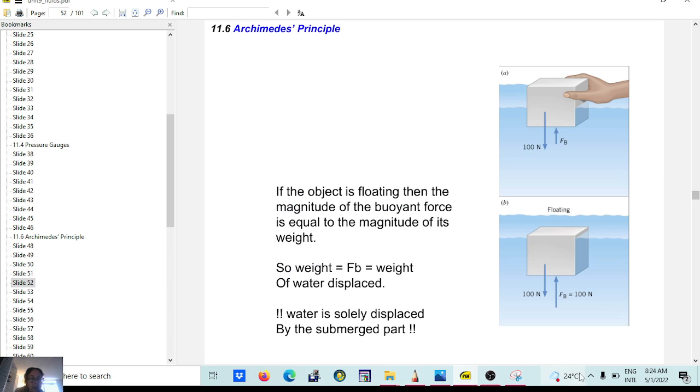So you see here, it's the same thing. Buoyant force here is exactly equal to the weight of the floating object, and that weight equals the weight of the displaced water. The displaced water will be that much volume. Okay, so it's not the whole volume, only that much volume. So part of the object is above the surface, part of it is below the surface, and it's floating.